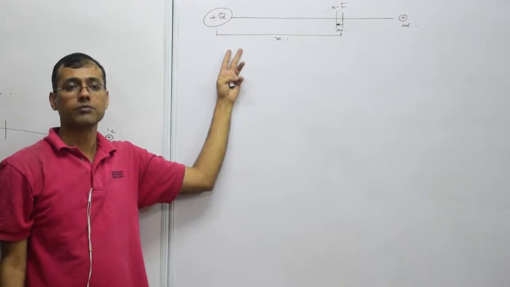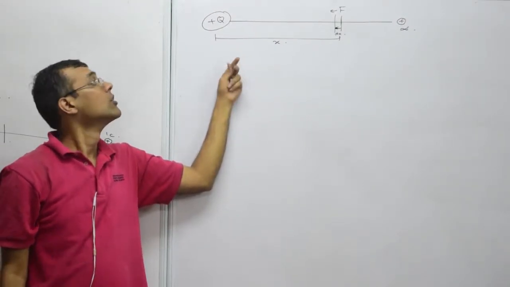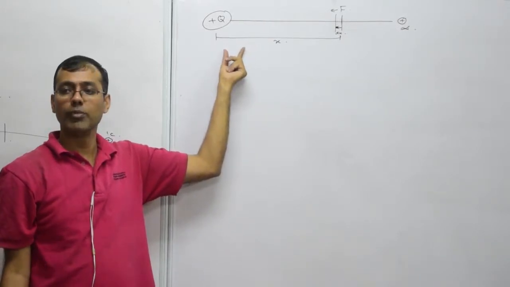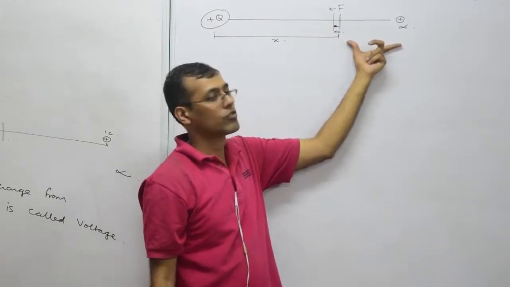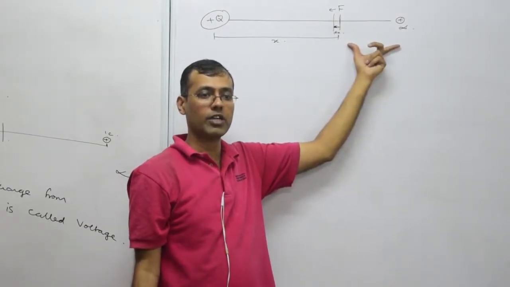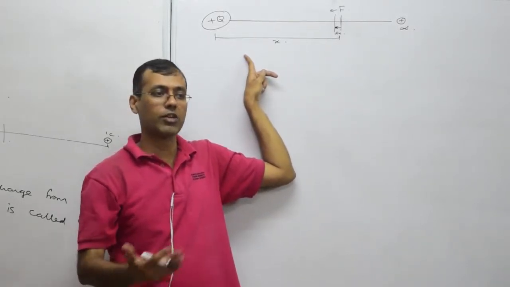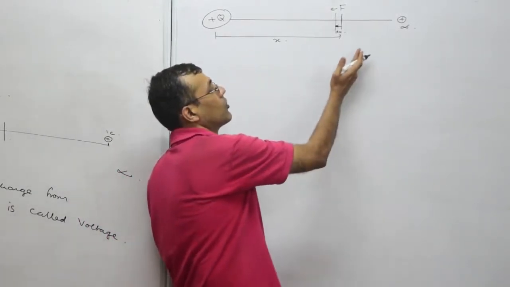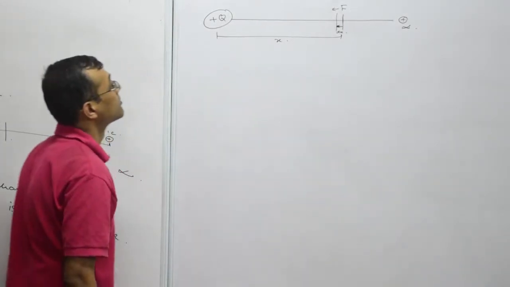Coulomb's law, right? 1 by R squared. So closer the distance, force will be more. Makes sense? Whereas the distance here is more, which means the force will also be less. Which means at every point the force is not constant, the force keeps changing. As they come closer and closer, I have to do more hard work to push it, right?